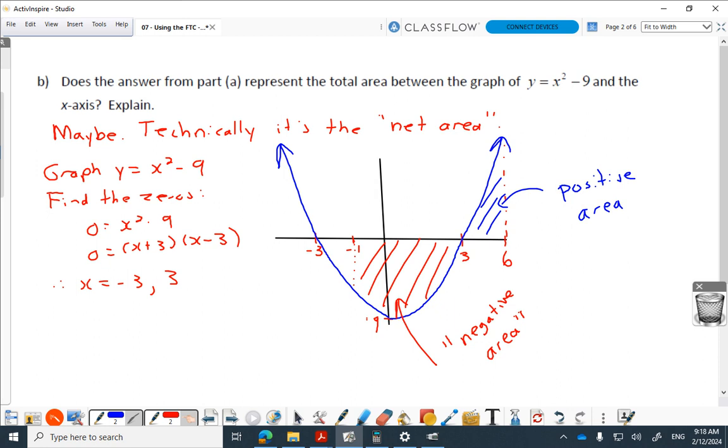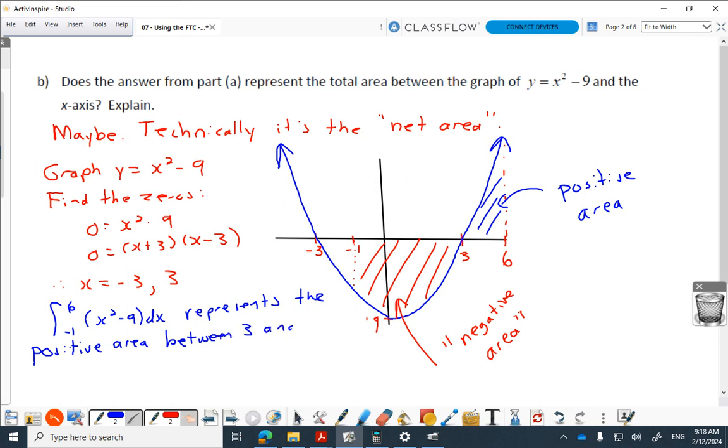So the integral from -1 to 6 of x squared minus 9 dx represents, here's the whole sentence, the positive area between 3 and 6 subtract the area between -1 and 3.